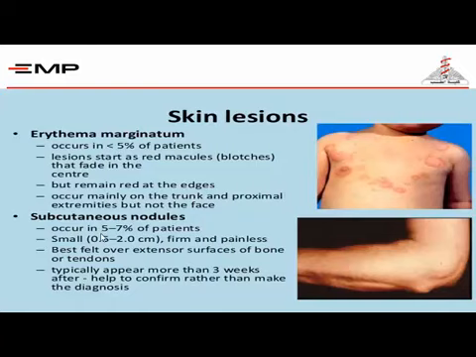So if you mark them with a pencil and after 1 or 2 days you check them again, you will find that they are increasing in size, fading and becoming pale in the center, but still red at the edge. Sometimes they coalesce together. This mainly occurs on the trunk and the proximal extremities, never on the face. They don't leave any permanent damage, and they don't need any treatment.